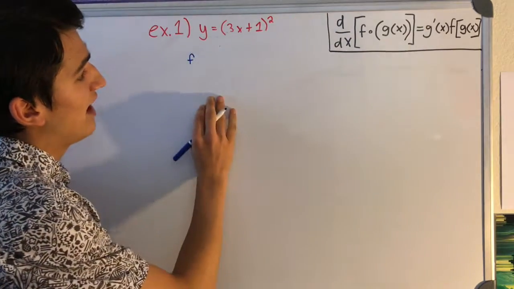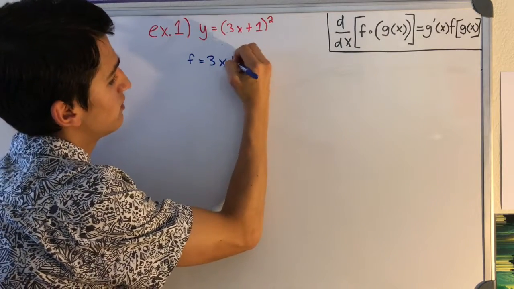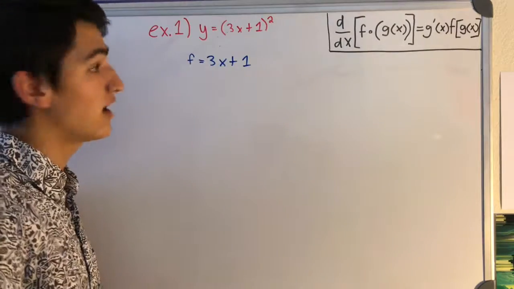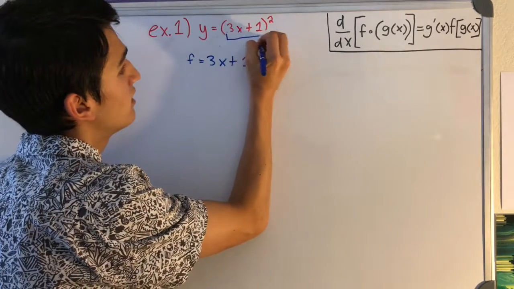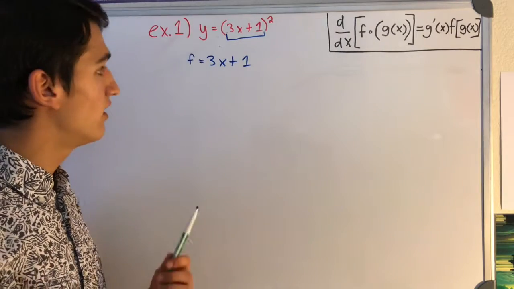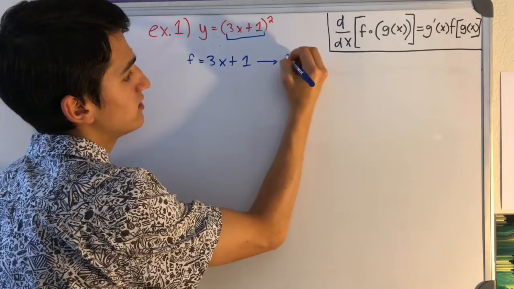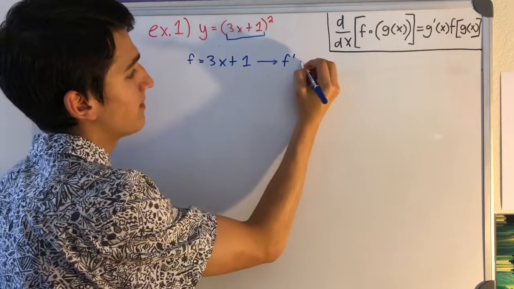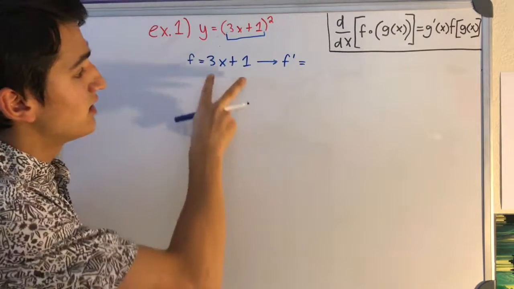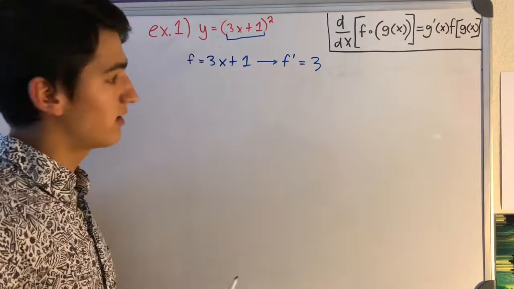So f will equal 3x plus 1, because that's our innermost function. I'll put it in blue here. Now we're going to find the derivative of that, okay? So f prime equals, we're just going to take the derivative of this, which is simply 3, okay?